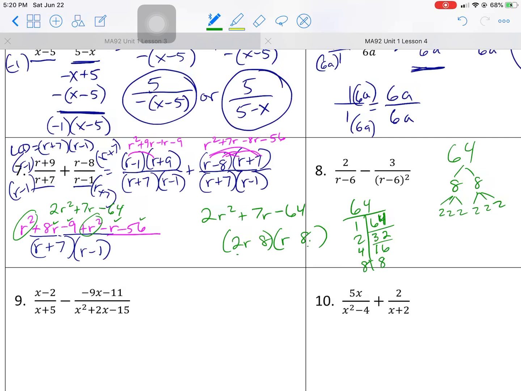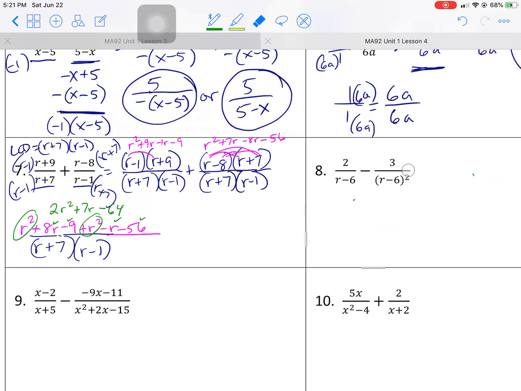That'd be a positive 16, and that would have to be a minus 8. 16 minus 8 is 8, not 7. So that doesn't factor.